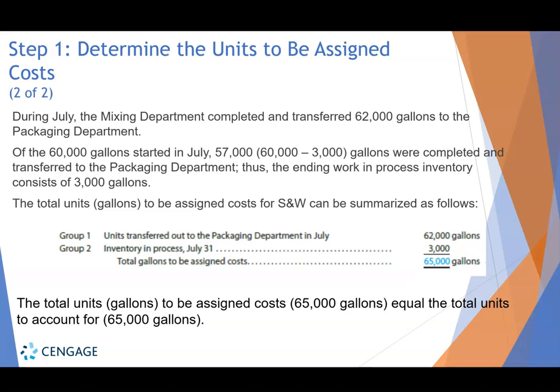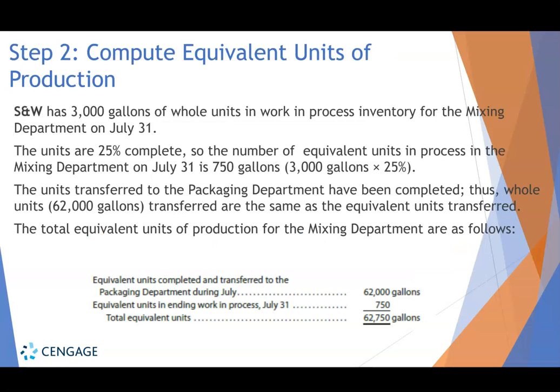So the total gallons to be accounted for are the 65,000 gallons. The 3,000 gallons of whole units of work in process for the mixing department on July 31st are 25% complete, so the equivalent units in process in the mixing department is 750 gallons.